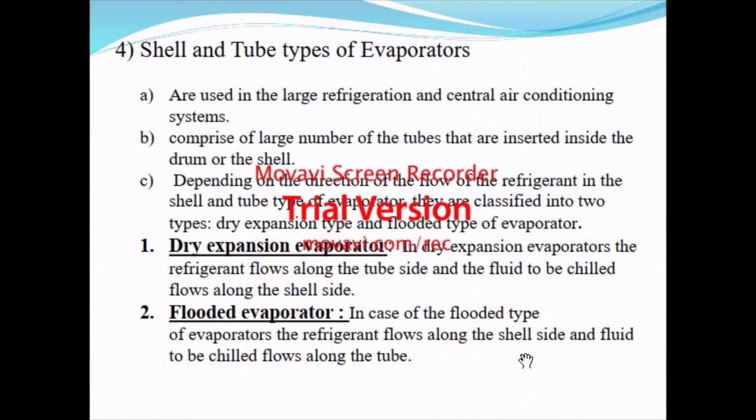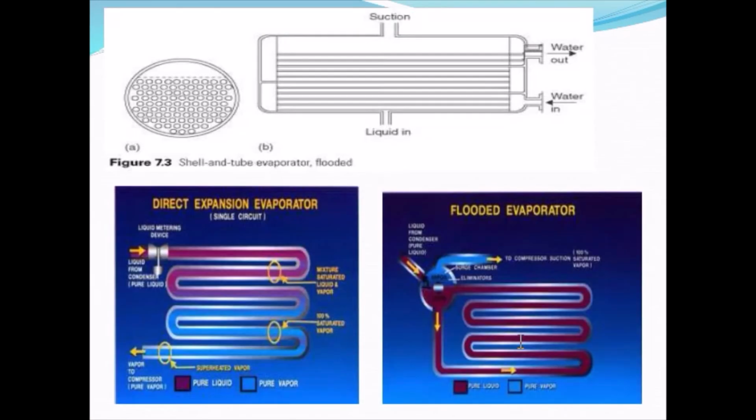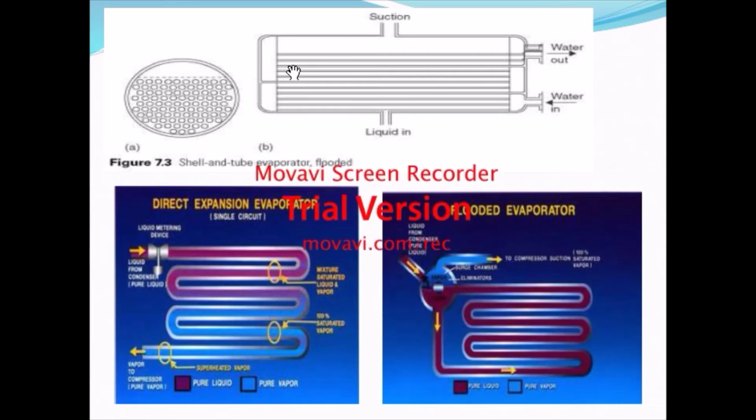So along the shell, same as the type when we discussed the condenser system, right? This one is the shell type. As we know, inside of the shell is the tube, so the tube is covered by the shell.